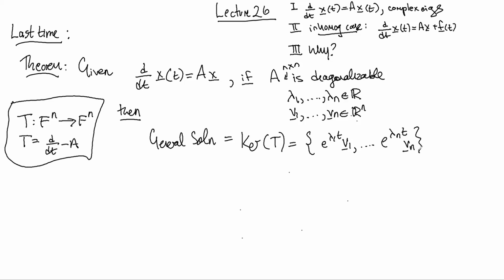I won't repeat the proof, but the proof was this amazing fact that if you look at functions that are parallel to the eigenvectors, this system of ODE actually just becomes a one-dimensional, first order ODE, which you can easily solve with an exponential.